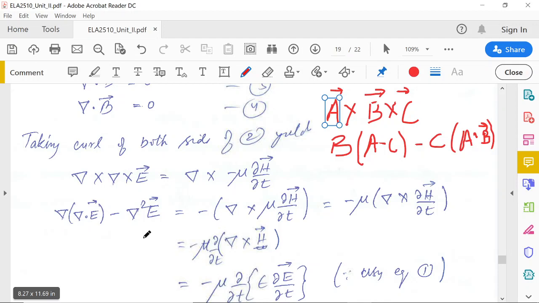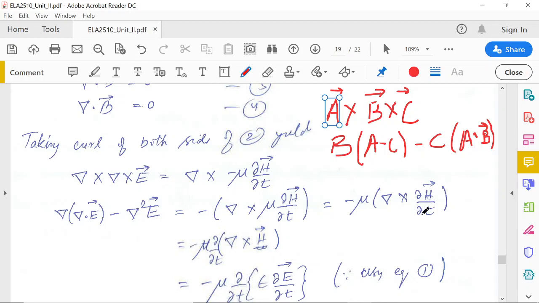So you can use this identity here, and now you are taking the curl of this factor, so you can take mu outside and it will become del cross. Now you can again take del by del T outside, because this depends upon time and it is spatial, a function of space, so you can interchange.